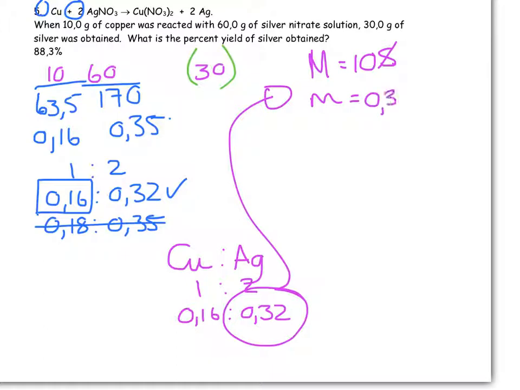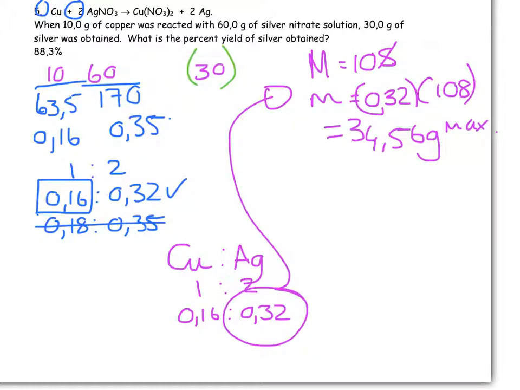So it's 0,32 times 108, and I should have got 34,56 grams of silver. But that's the absolute maximum I could have got, and I didn't get all of that. I only got 30. So what was my percentage yield? 30 out of 34,56 times 100 is equal to 87%.